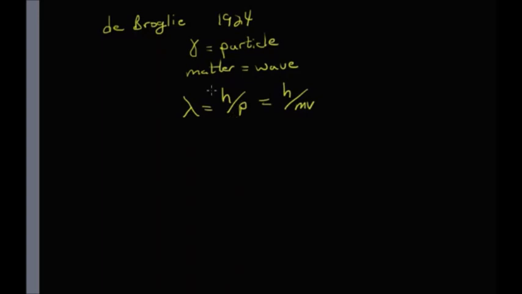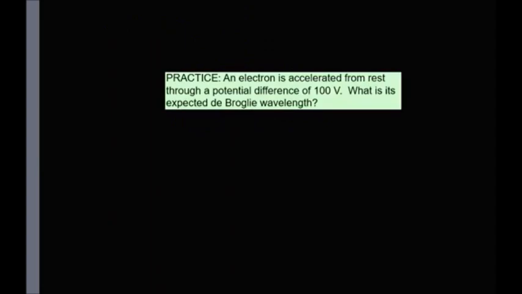So that is basically what he came up with, and subsequently he's been proven right that this is the case, that this is what happens. Okay, so let me do a problem here.